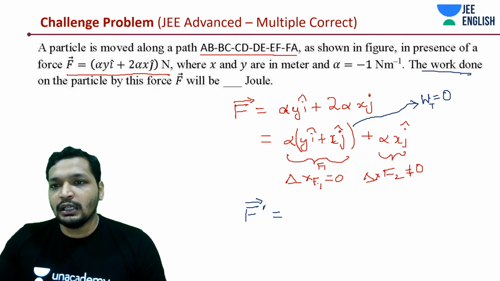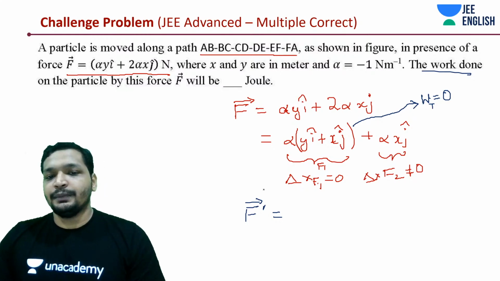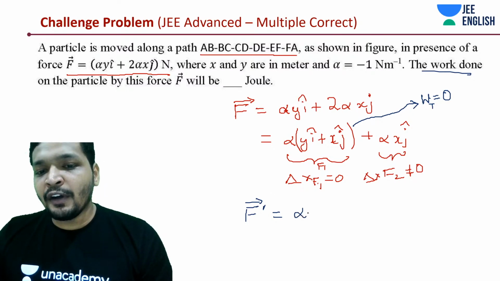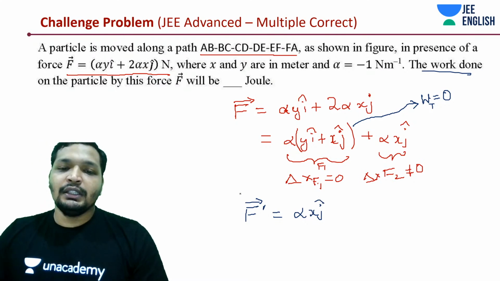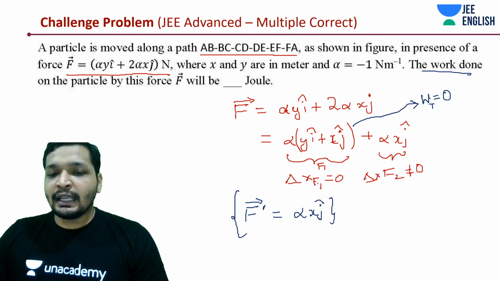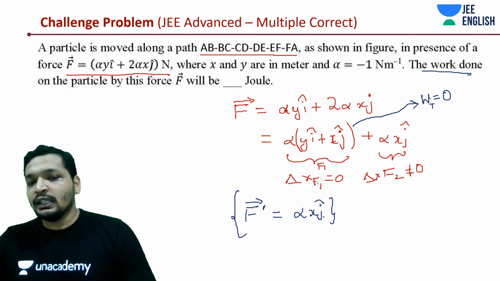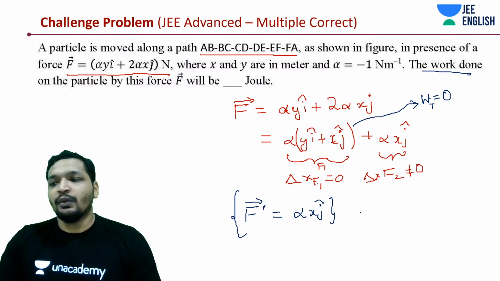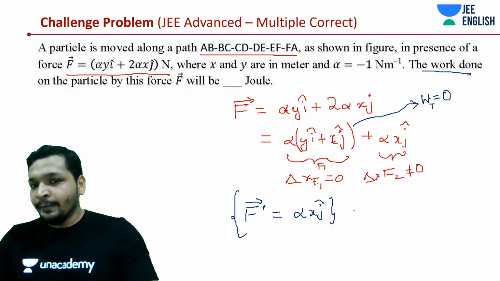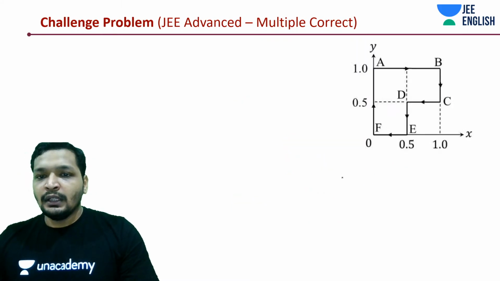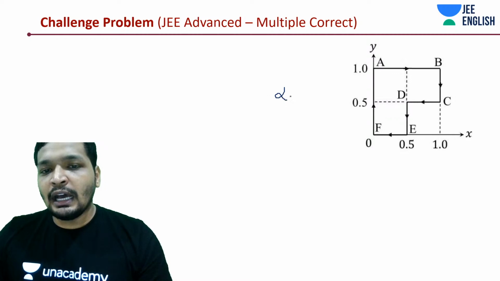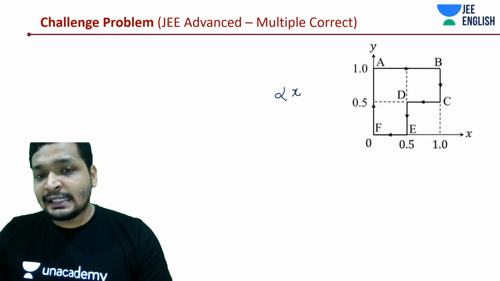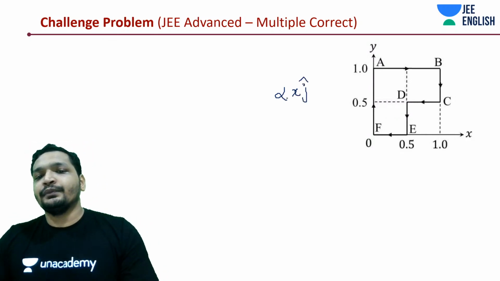Total work done on this particle by the force is going to be alpha into x j cap only, and j dot j is 1 only. Along the y-axis direction, nothing is going to do any work. So force is alpha x into j cap.